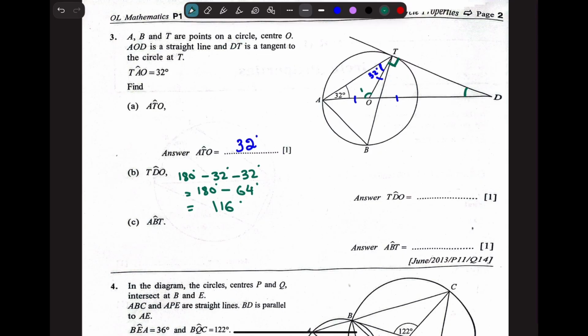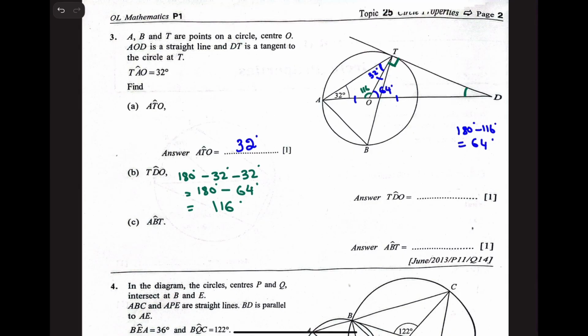Okay, so if this is 116, angles on a straight line add up to 180, right? So this angle is going to be 180 minus 116, which is 64. So this is 64. Okay, so triangle ODT, if this is 90, this is 64, we can very easily calculate the third angle.